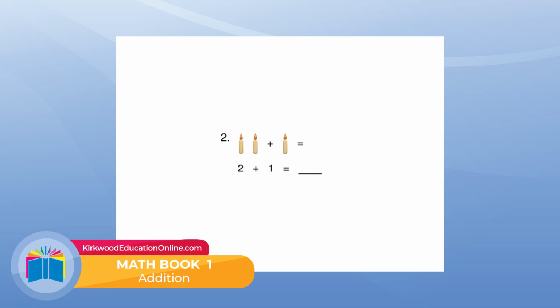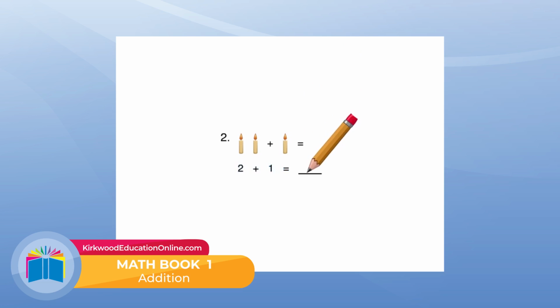Now, go to the second problem. 2 candles plus 1 candle. How many candles does that equal? It equals 3 candles. But because it's hard to make 3 candles, it takes a lot of time, we do it with numbers which represent that many candles. 2 plus 1 equals 3.